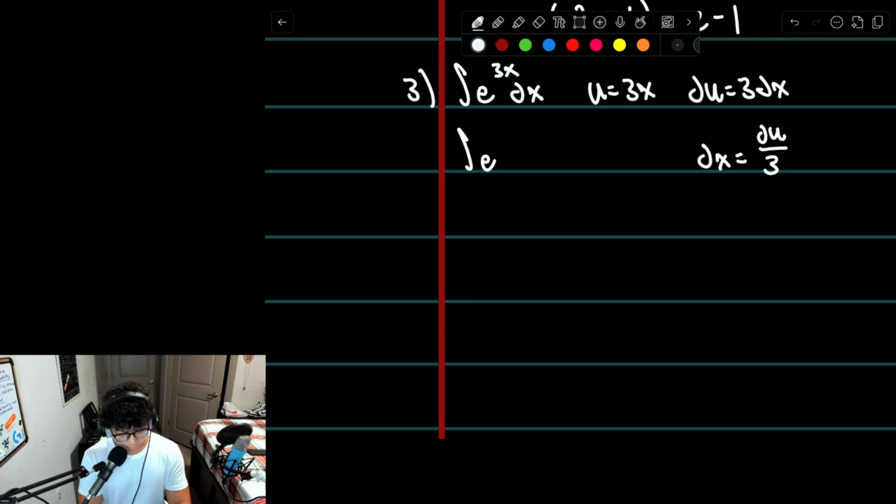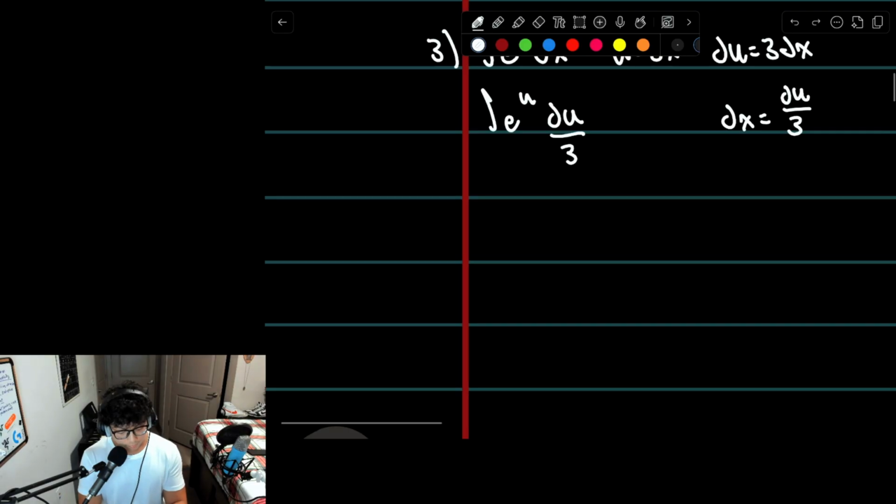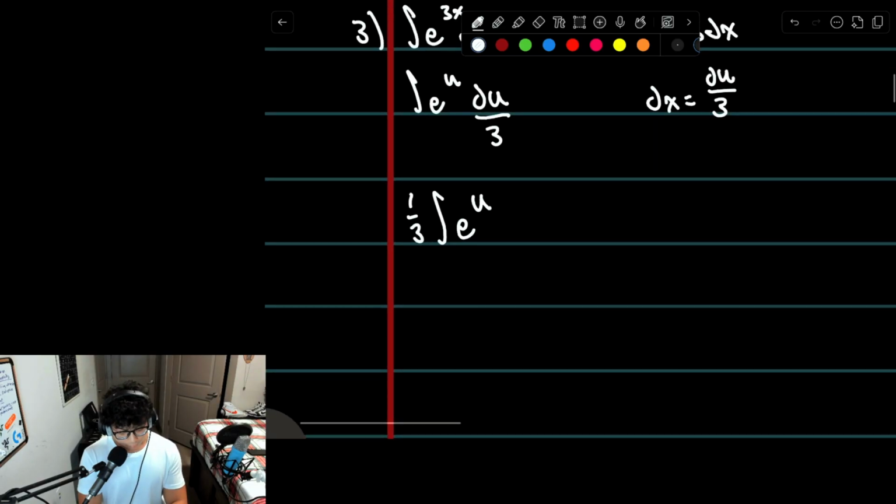So now we're given the integral of e to the u du over 3. Technically this is 1 du over 3, so that 1/3 is considered a constant, not the du part. So you could take it out, and it becomes 1/3 times e to the u du.